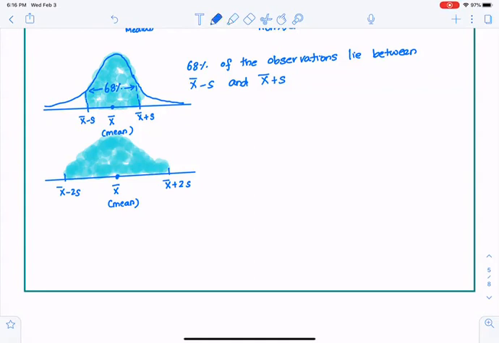So you can see the curve develop. So now we have 95% of the data between two standard deviations.